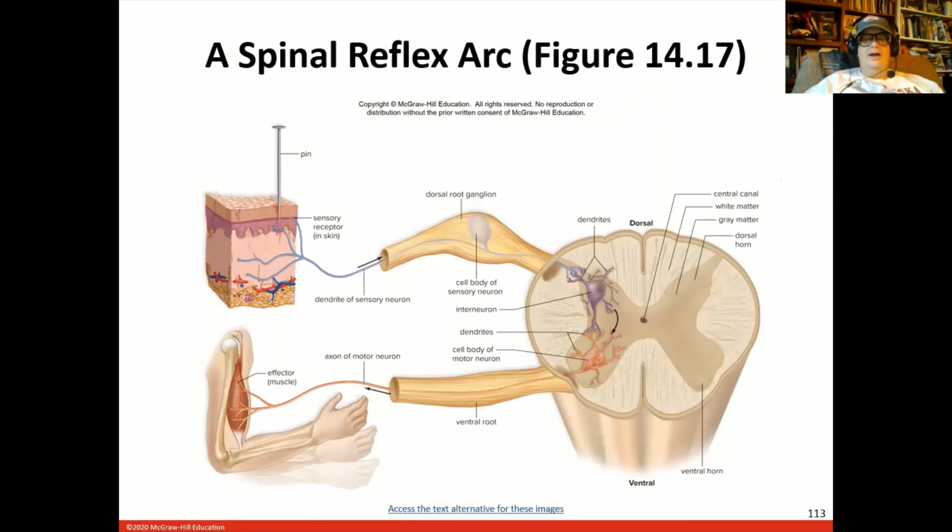And meanwhile, yes, some interneurons in ascending tracts let the brain know what's going on, but they already made that decision. Not that you care, but there was a time I was working on a car and I was welding, and I backed into a place that I had been welding a few minutes before, and obviously it's still super, super hot.